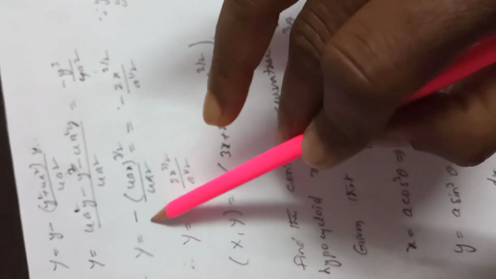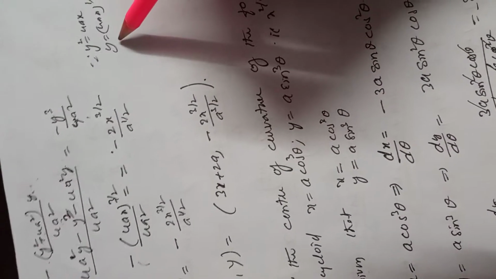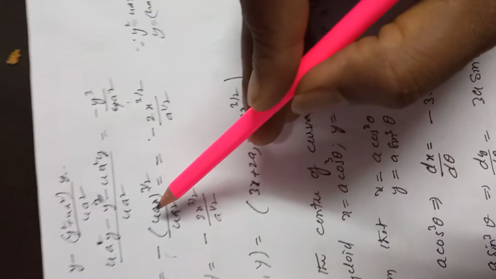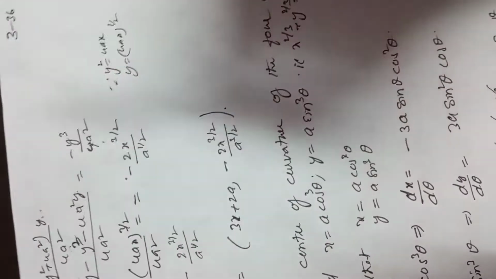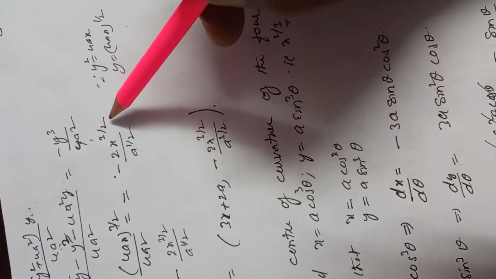Y is equal to minus half, but we know that y square is equal to 4ax, so y is equal to 4ax to the power of 1 by 2, right? Therefore here 4ax to the power of 1 by 2, this cube, that means 3 by 2 you will get. Further simplification, you will get minus 2x to the power of 3 by 2 by a power 1 by 2.